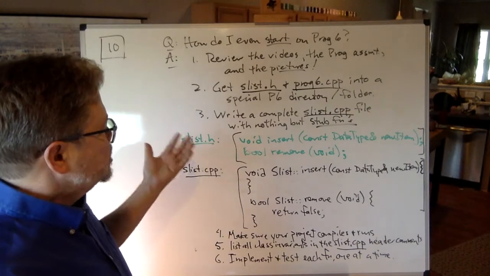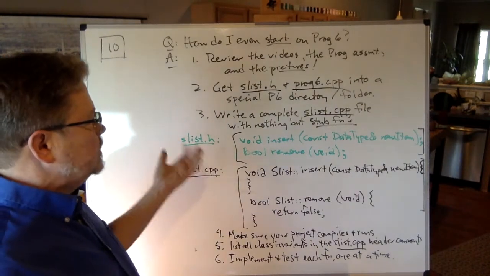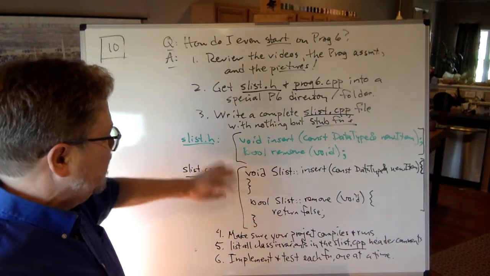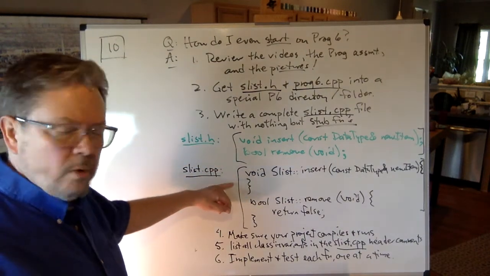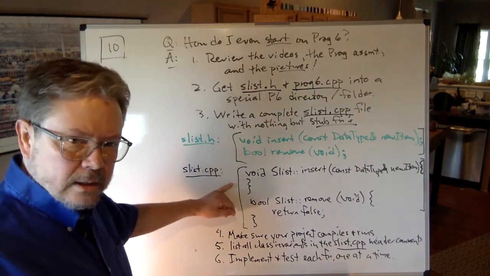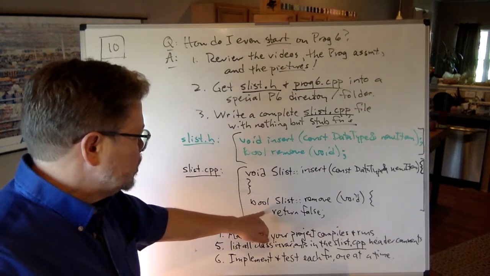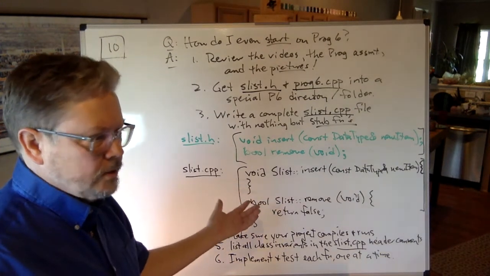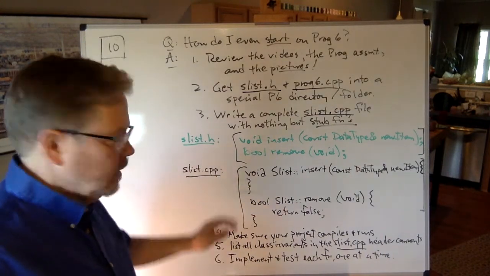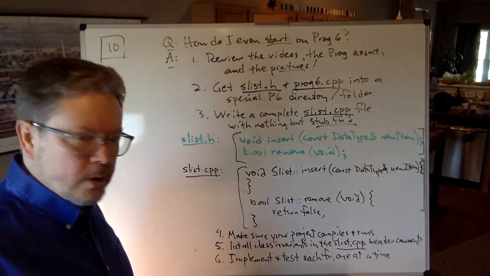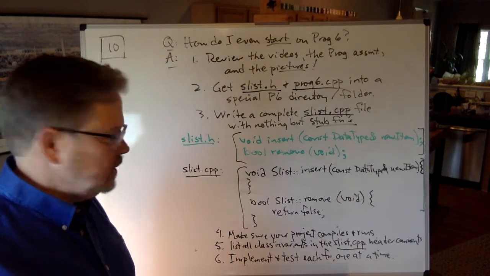You can just copy and paste all of those prototypes out of the header file into your CPP file and change them from prototypes with a semicolon to stub functions with pretty much empty curly brackets. If you promise to return a value, bool, return false. Promise you return an integer, return 0, whatever. All of these stub functions are going to be at most 1 line. Several of them might very well be completely empty.